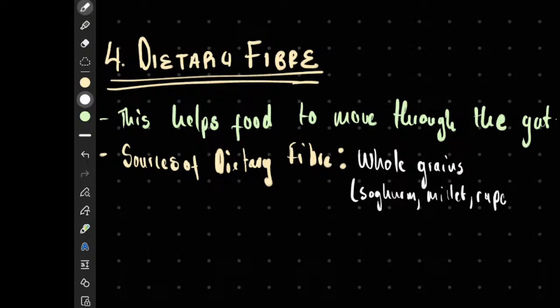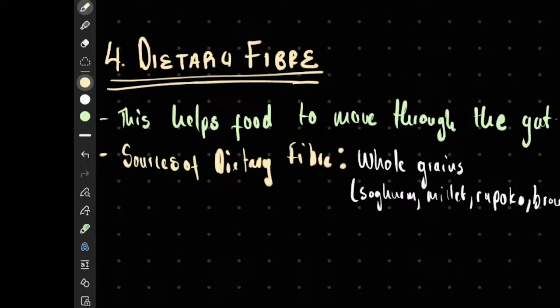You can get a whole list of whole grains that you can have. There are just so many. Even brown rice, etc. So if you eat these type of things, they're a source of dietary fiber.